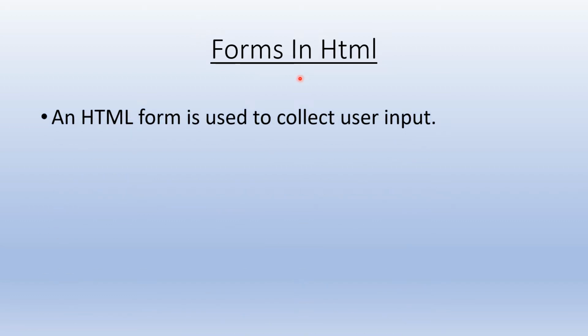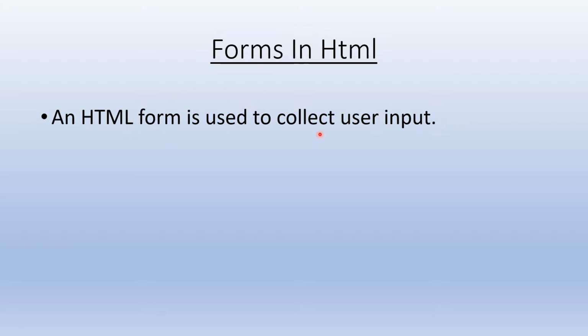Now, before starting advanced tags, let us revise some points of forms. So, according to you, what is forms in HTML? If you remember, we have studied that an HTML form is used to collect user input. So what this says is that we can collect information or data from the user using what?